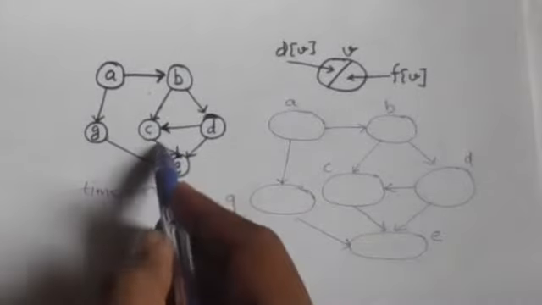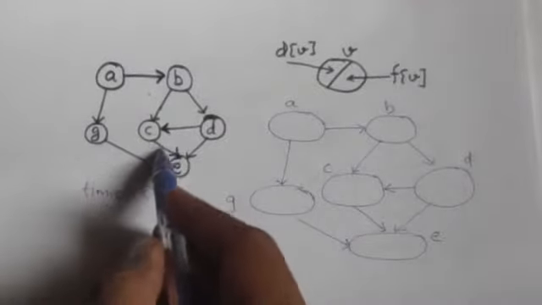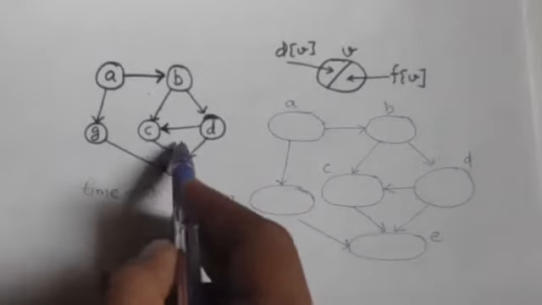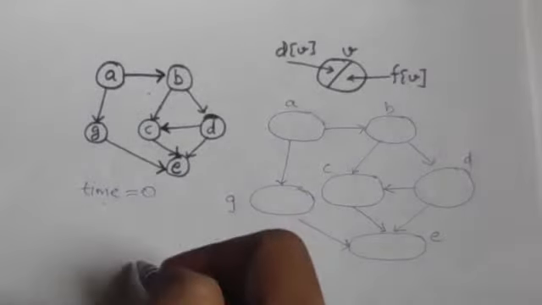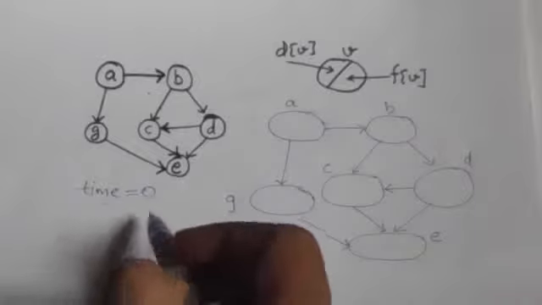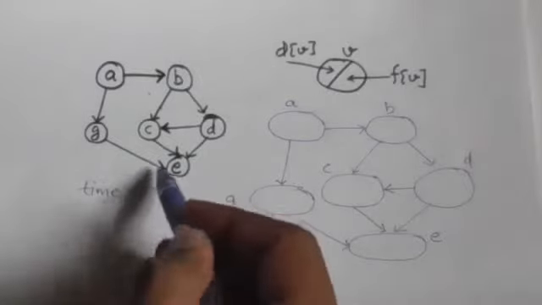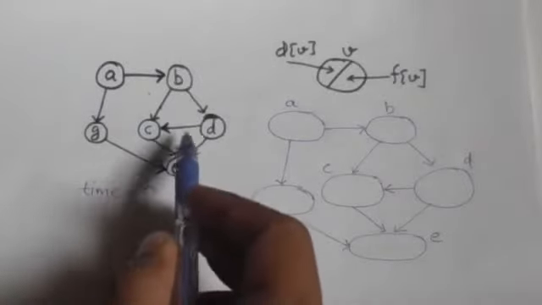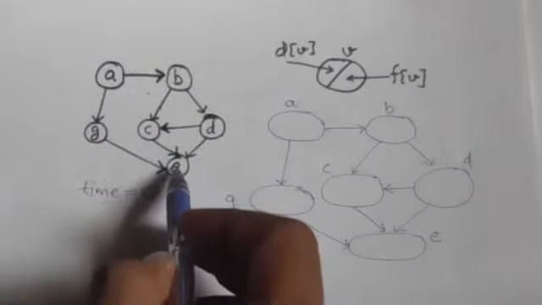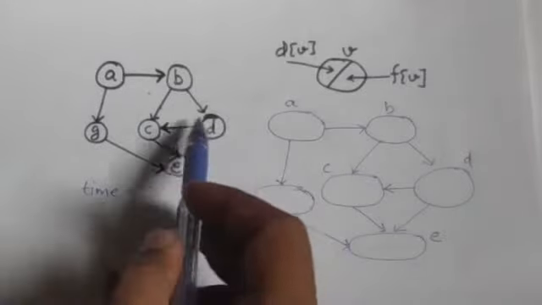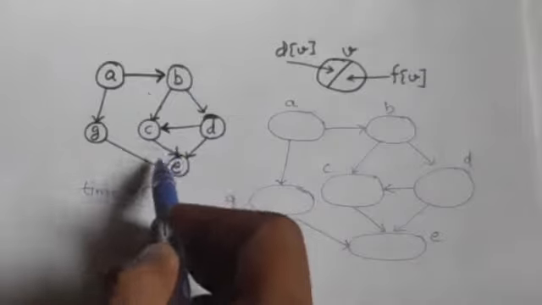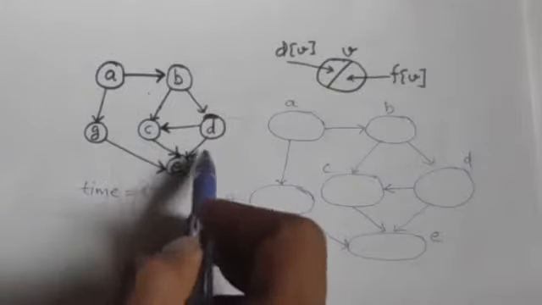Now, suppose this graph is given to us and we have to traverse it by depth first search algorithm, right? So, initially, the color of all vertices of this graph will be white, and the predecessor of all vertices of this graph will be nil, right?